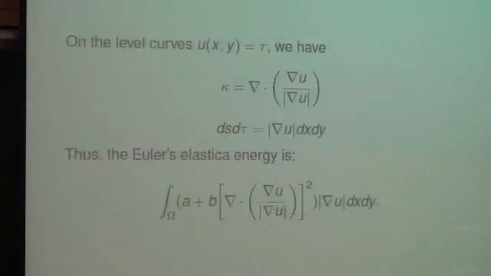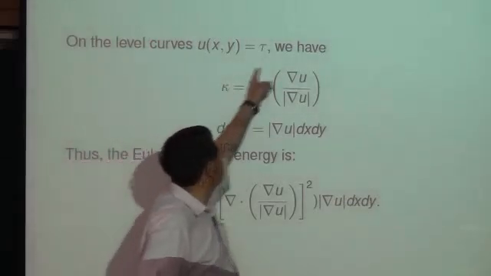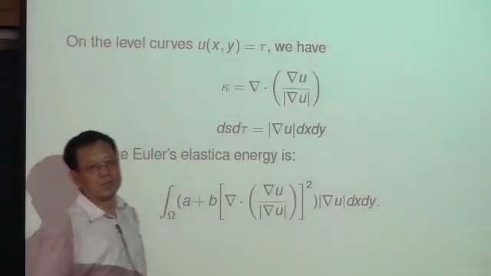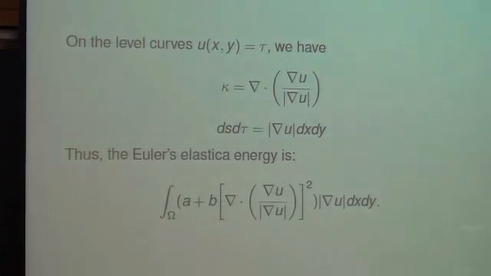So therefore, we use it for image processing. For the level curve of a given function, the curvature is essentially equal to this one, if the function is smooth and nowhere is the gradient equal to 0. And this is the curvature of the level curves.